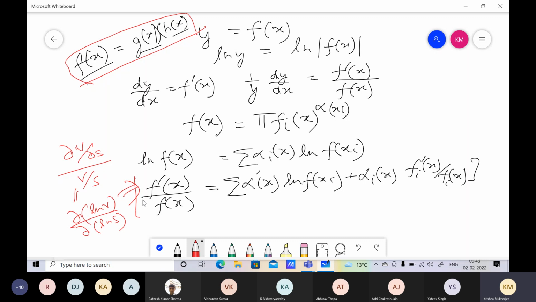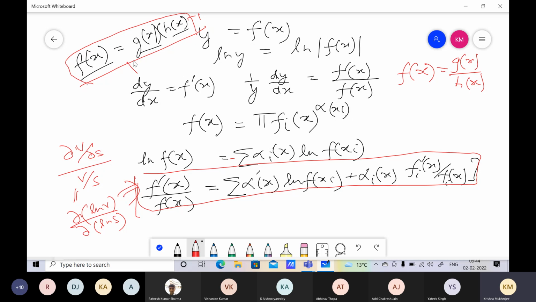This is what I'm trying to prove to you. You will discover that working with logs makes it easier whenever you have a multiplicative function, for example f(x) equal to g(x) upon h(x), which is nothing but g(x) into h(x) with alpha equal to -1, and g(x) has +1. So all these formulations become very simply equivalent to this.